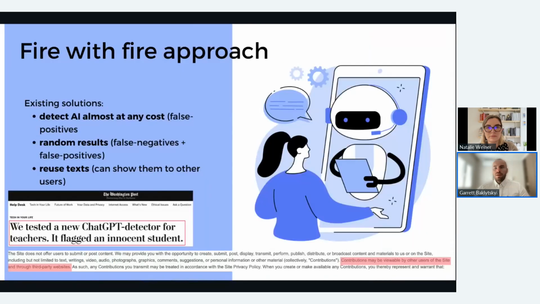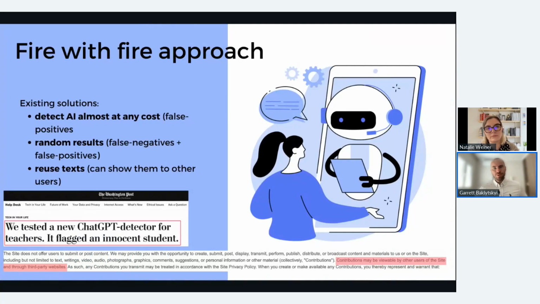When ChatGPT was launched, some solutions started to surface, addressing the market's need to detect AI, sometimes at any cost. However, inaccurate ways to detect AI-generated content led to many false positive results, which were highlighted in newspapers, and you probably read about them as well.